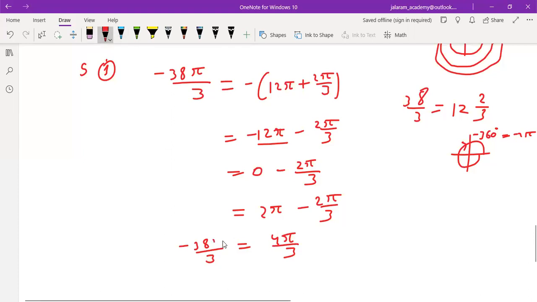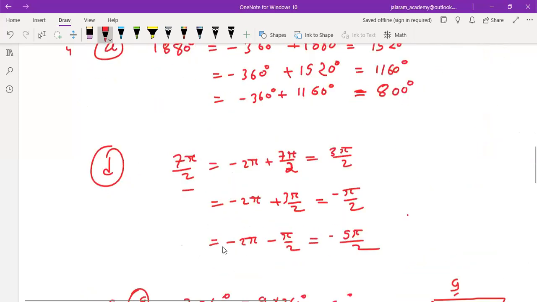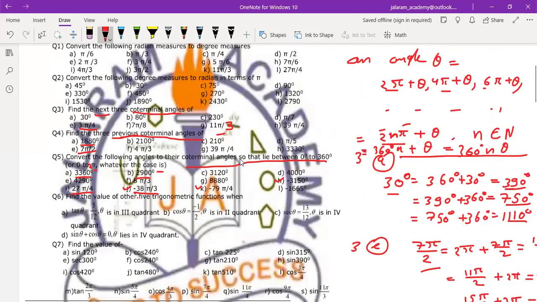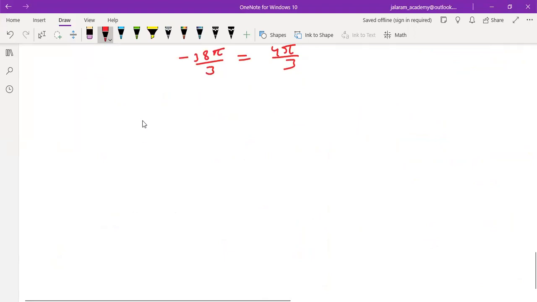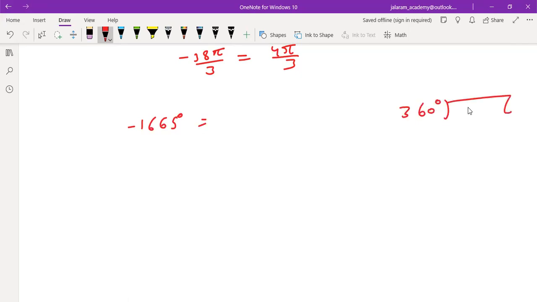Similarly, minus 79 pi by 4, or if we write it in degrees, minus 1665 degree. This time we will divide it by 360 only. 4 times 360 is 1440, so the remainder is 225.